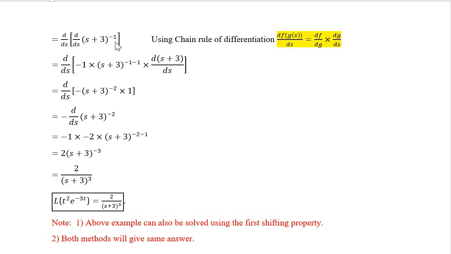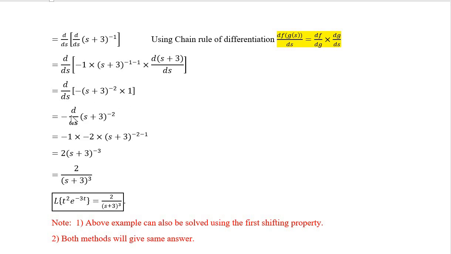The derivative of s plus 3 inverse is minus 1 s plus 3 raised to minus 1 minus 1 into the derivative of s plus 3 with respect to s. So this is the derivative of f with respect to g and this is the derivative of g with respect to s. So this complete is the derivative of f with respect to s. It is minus s plus 3 raised to minus 2 into the derivative of s with respect to s, which is 1, of 3 is 0, 1 plus 0 is 1, so this is 1.